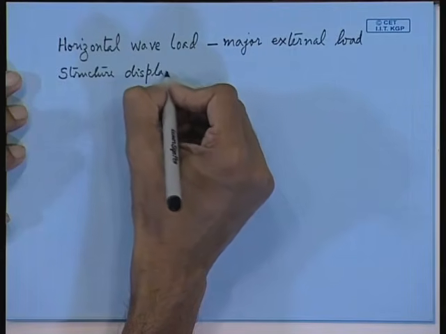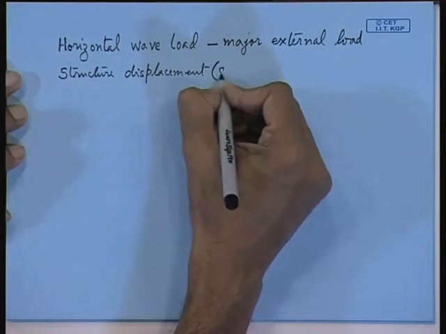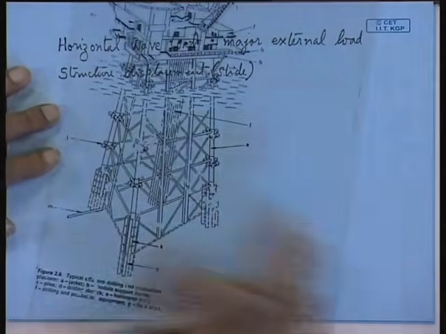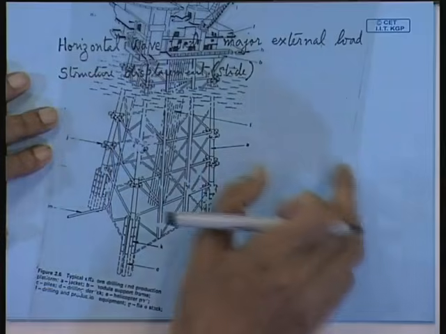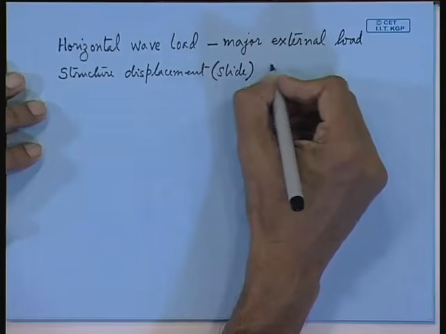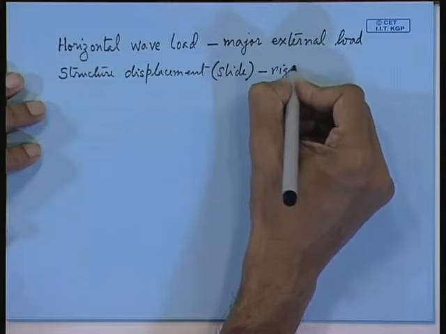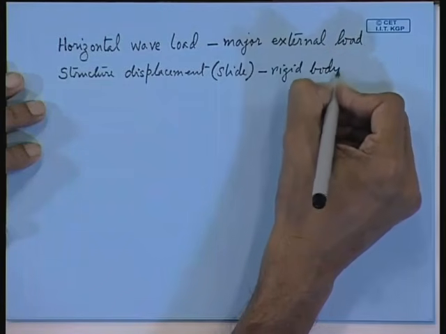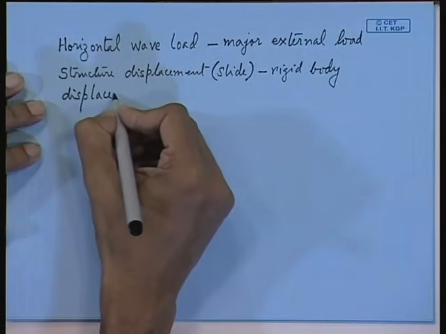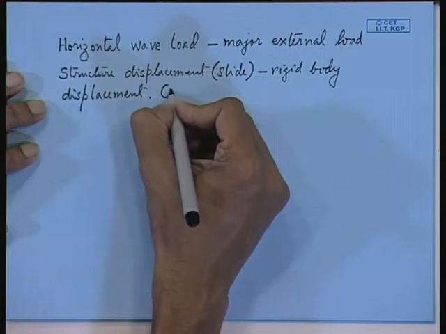Sometimes this is called slide. There is rigid body, the structure is going to be bodily shifted along the direction of the wave. So the slide, this is rigid body displacement. And the other is the more important one, that is called the overturning moment.